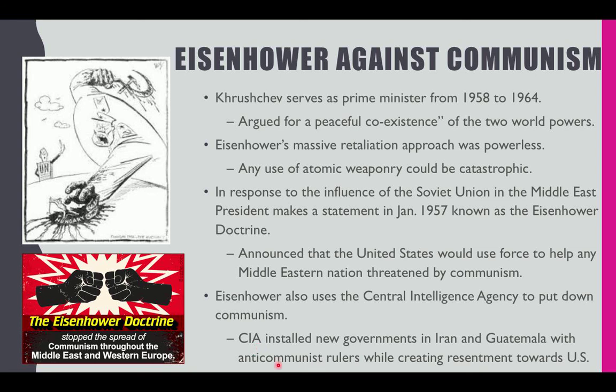And because they force these rulers, who aren't always great, on the people, we create a resentment that's going to come and bite the United States in the butt later on. So the CIA, good for helping to stop the spread of communism, bad because the people don't always appreciate our meddling.